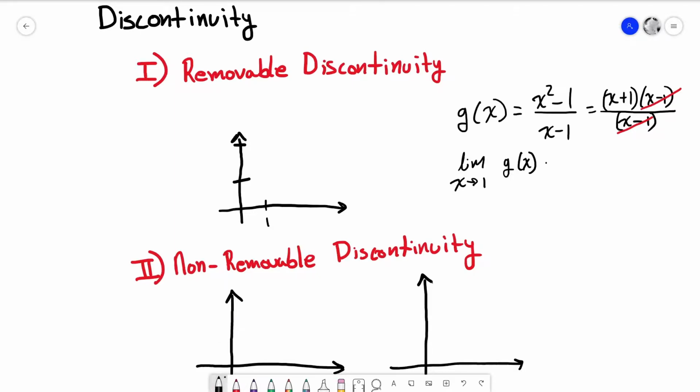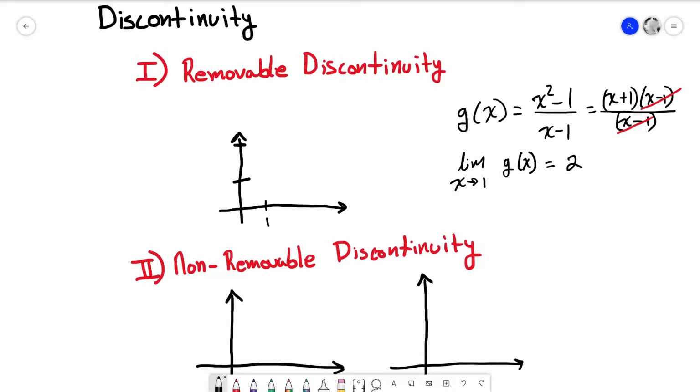So that this limit then becomes 2. Okay, so anytime you can factor out the thing that's causing the issue, the thing that's causing our function to be having an indeterminate form, then that's an example of a removable discontinuity.